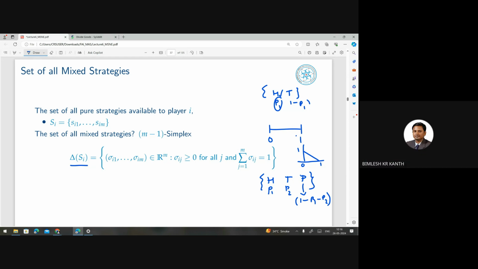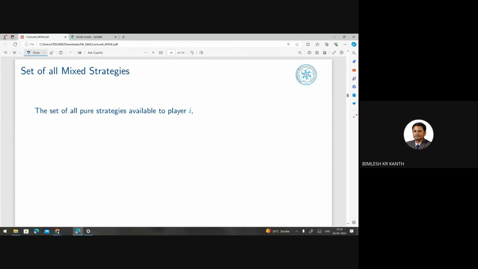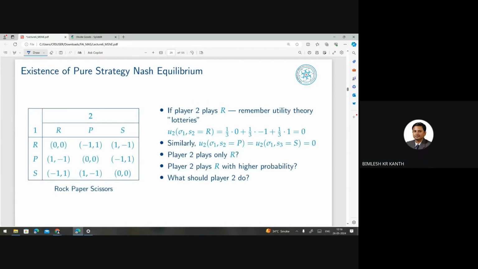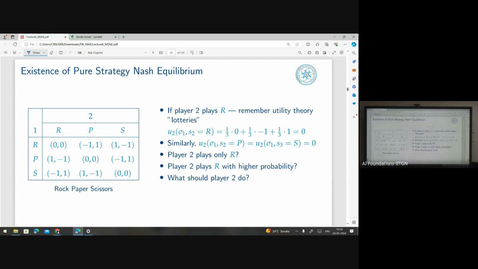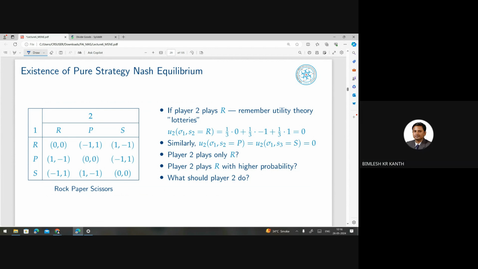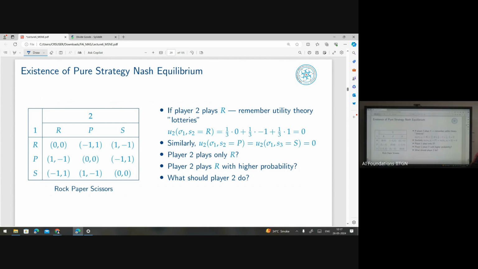Can you go back to that 3x3 table, the rock, paper, scissors? Yes. Now, here for player 2, the maximum value is 1 only, correct? And that 1 is for all different strategies, R, P, S. Yes, it depends on what player 1 plays.